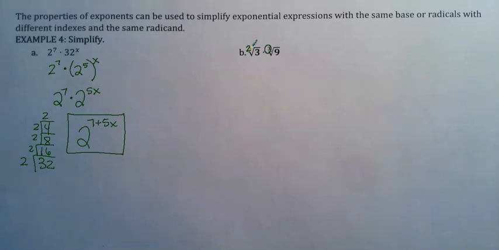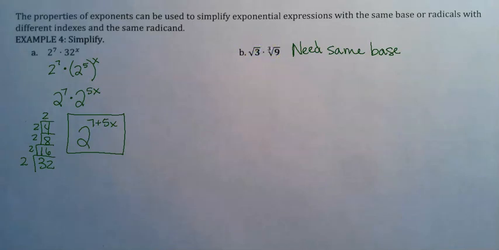We can't do anything because they need the same base in order to multiply. So we can think about, can we put them into exponential notation and get the same base? Because we don't have the same index, we can't do anything here.